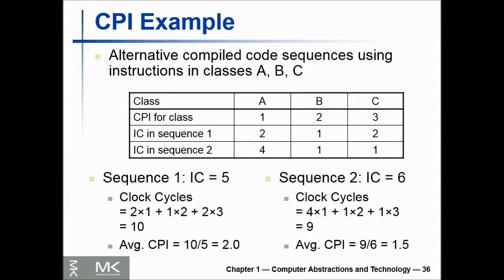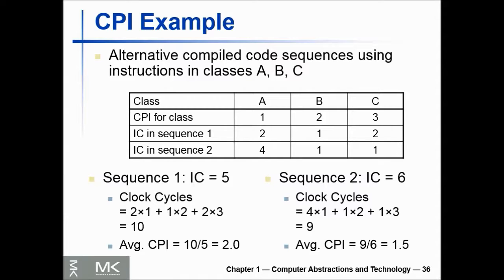Similarly, for sequence 2, we get clock cycles is equal to 4 multiplied by 1 plus 1 multiplied by 2 plus 1 multiplied by 3 is equal to 9 cycles. So code sequence 2 is faster even though it executes one extra instruction.